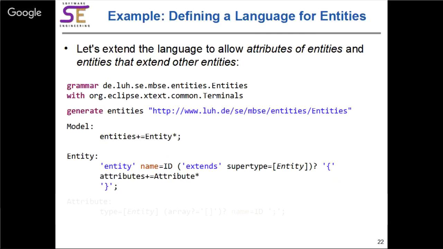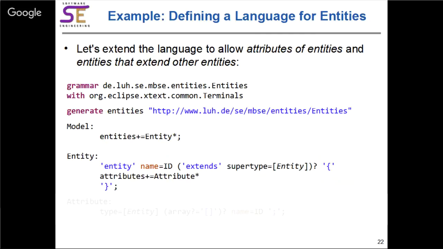Every rule that you specify also corresponds to a type or a class in the ecore model. So by saying super type and then something in these angle brackets, you refer to another type, or an element of that type which occurs in your model.